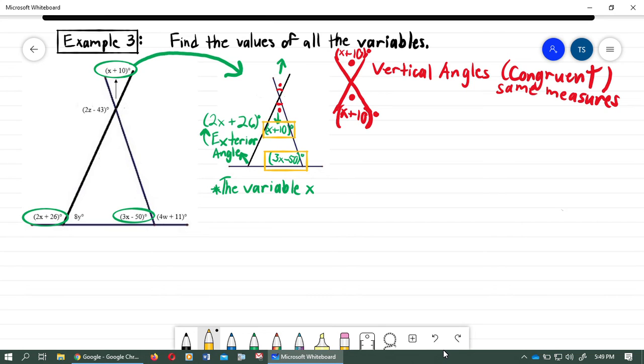Let's finish going through this here. These two angles that I've just put in orange boxes are our two remote interior angles. So again, folks, we've got that exterior angle, this one right here, the 2x plus 26, and then we've got our two remote interior angles right here.